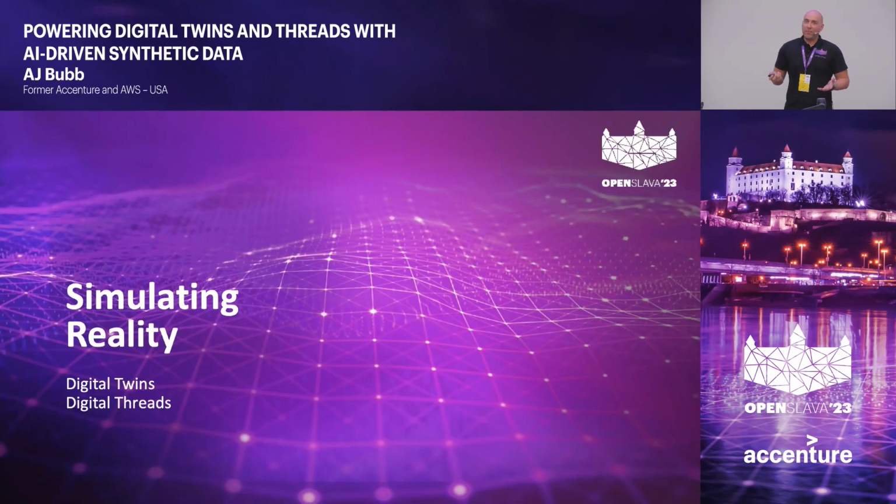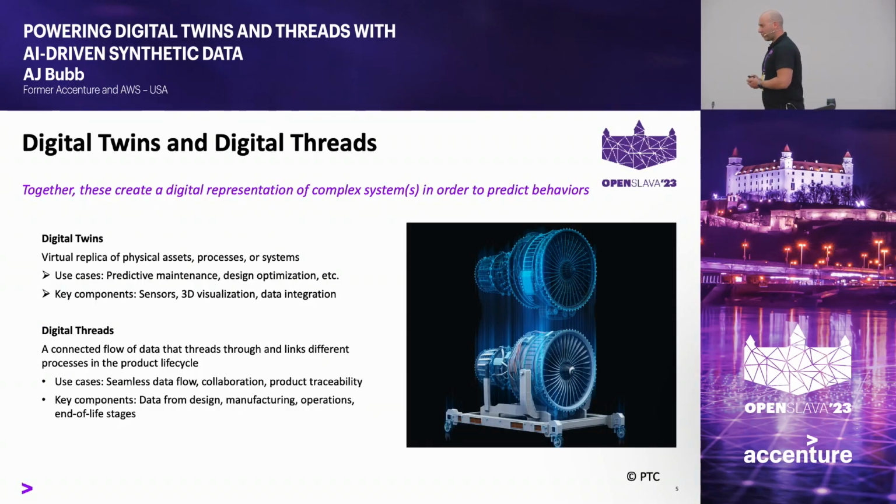So let's get into simulating reality. What is digital twin, digital thread? You can think about a digital twin as a digital representation of a series of complex systems. So the goal of the digital twin is to replicate reality into a very high fidelity set of models.